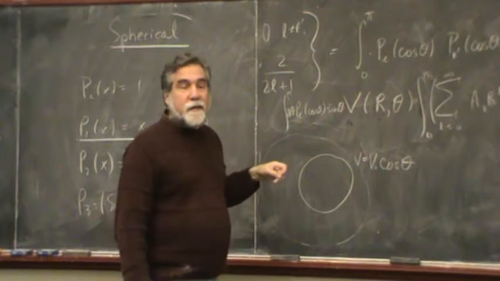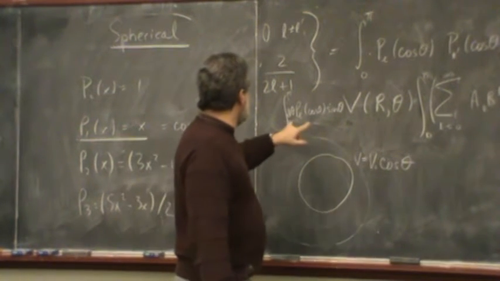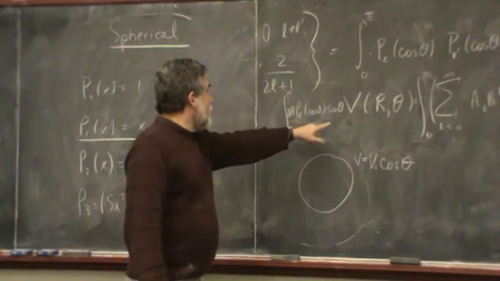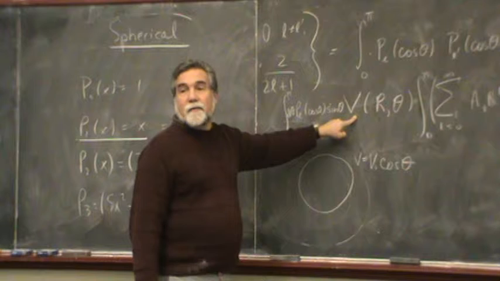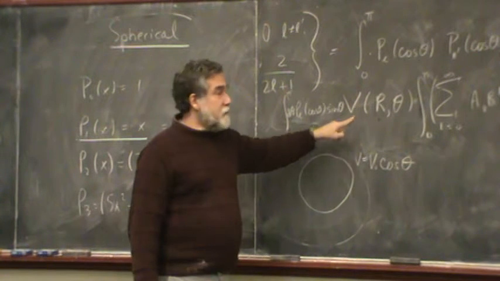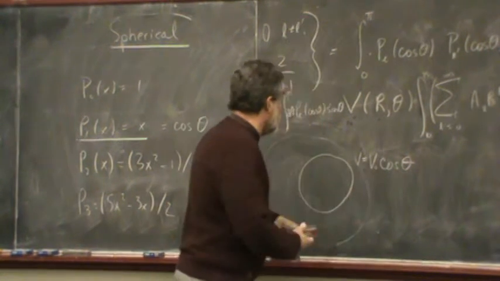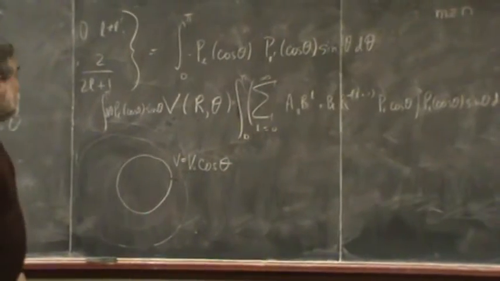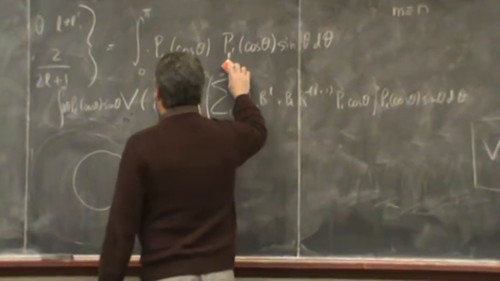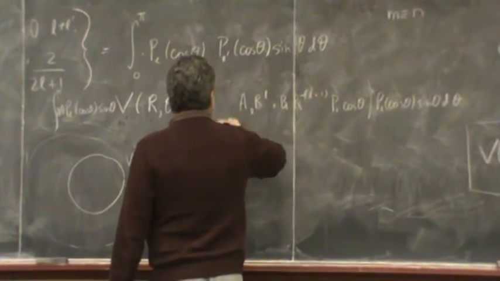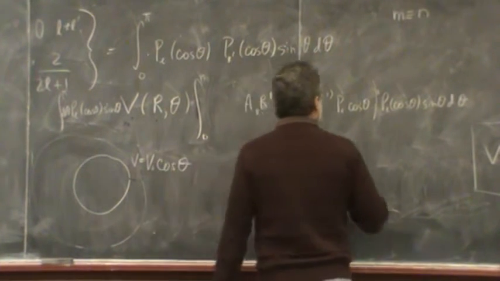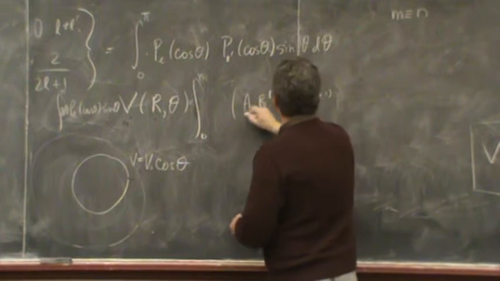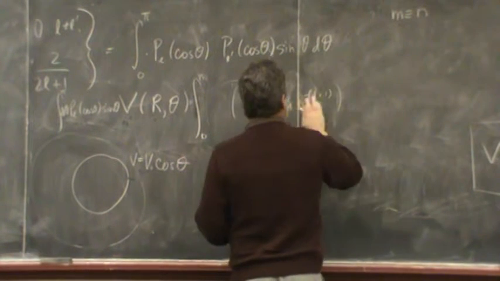the integration are going to be the ones with V of R theta, L equals 1. Because I specified my surface potential to look like that, I can go over here and eliminate all of those. My integral is done. Over on this side, L is equal to 1.